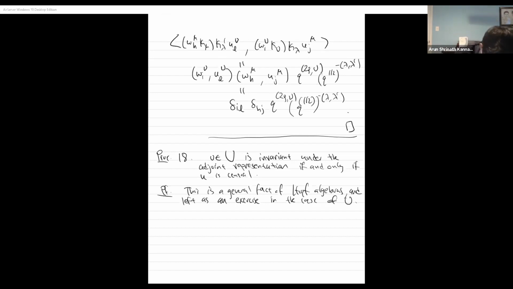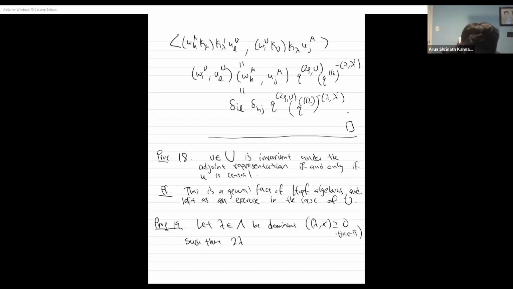And so we have the following proposition. Let λ in the weight lattice be dominant, that means λ paired with a simple root is greater than or equal to 0 for all α simple, and such that 2λ is in the root lattice.